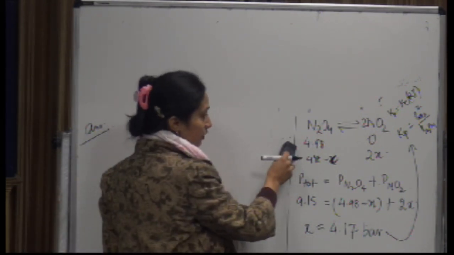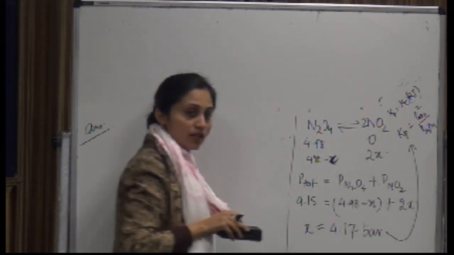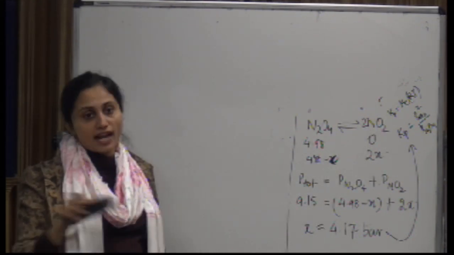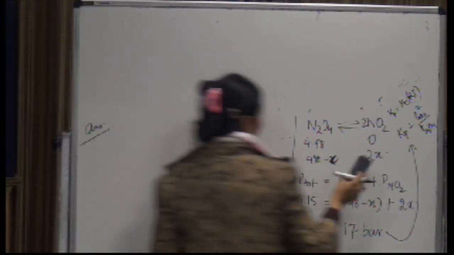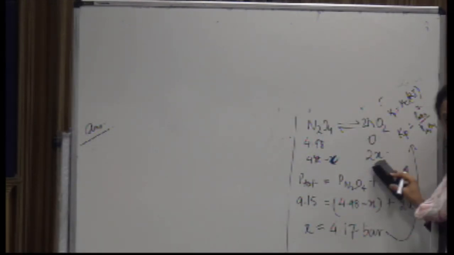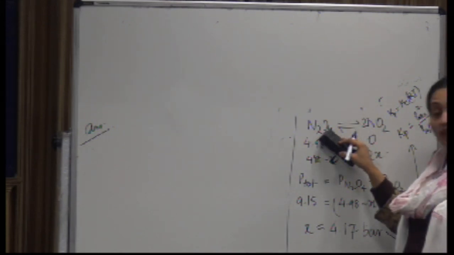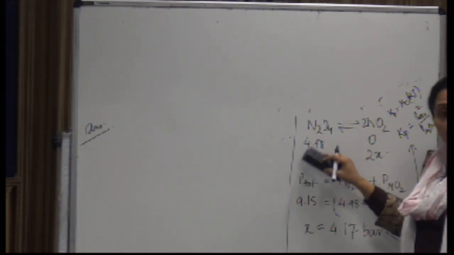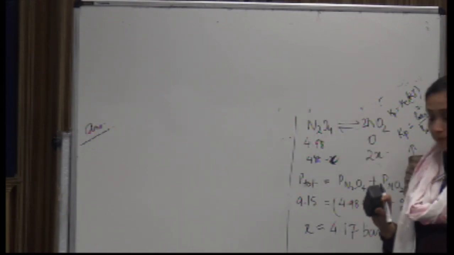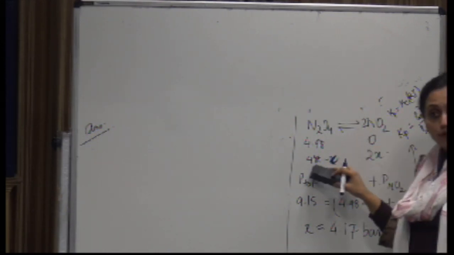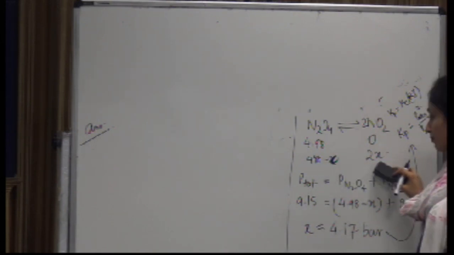Once that was calculated, I know how to write down my reaction. That initial pressure, if it is for the reactant, for the product it will be 0. At equilibrium, if 2x is the pressure for my product, then for the reactant it will be 4.98 minus x, that goes in according to the stoichiometry. So that becomes 4.98 minus x, and this becomes 2x.